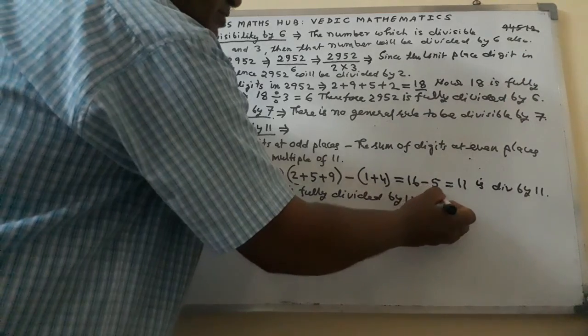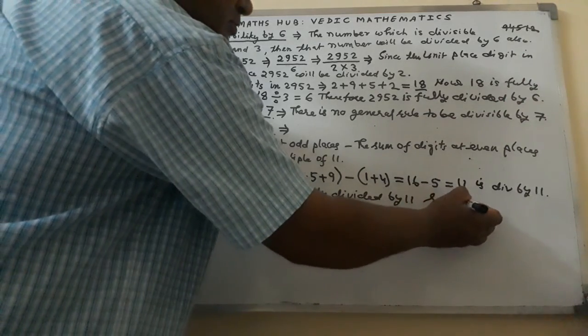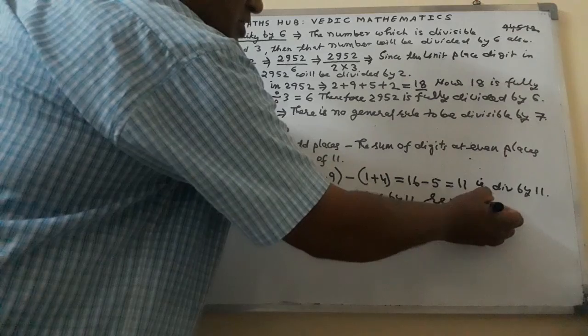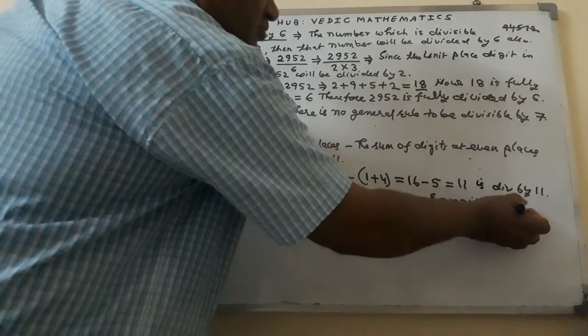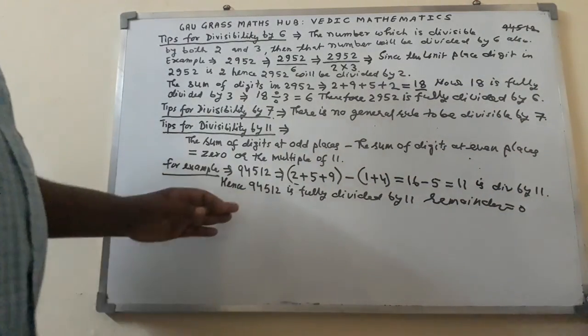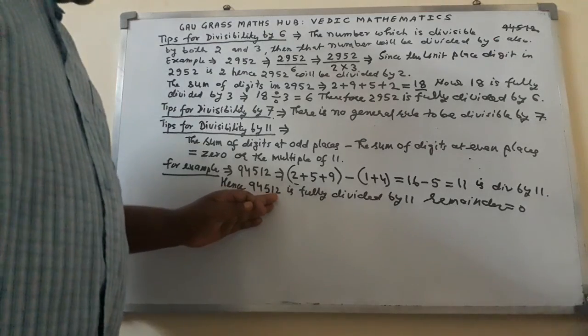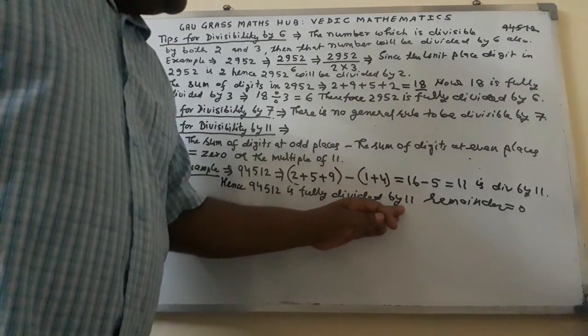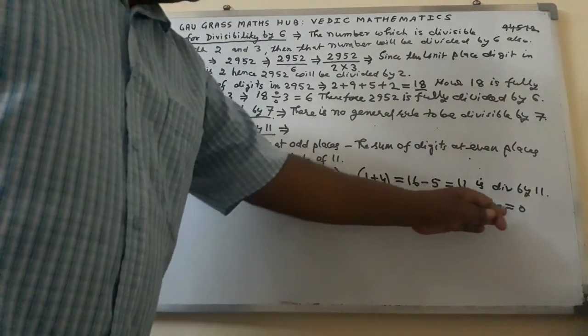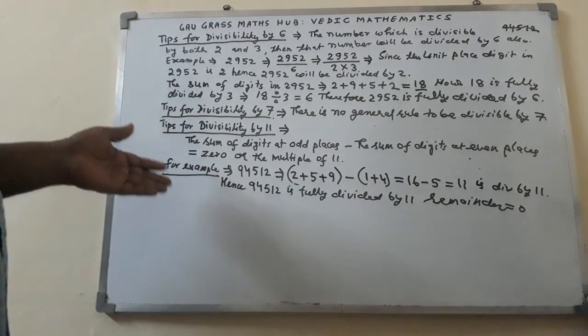This means that the remainder will be 0. The remainder in this case is equal to 0. 94,512 is fully divided by 11, and the remainder will be 0. So this is the concept.